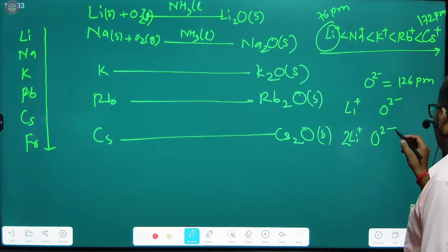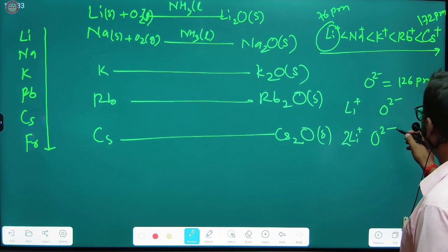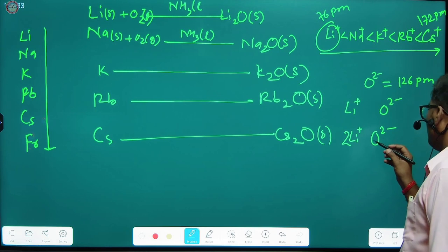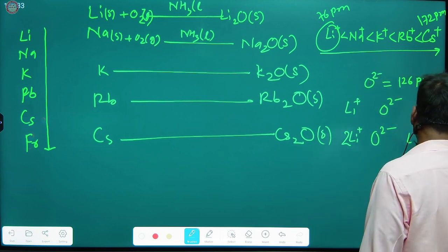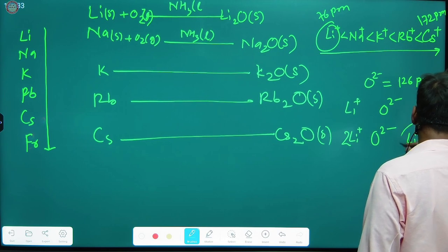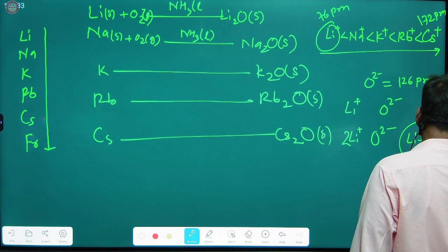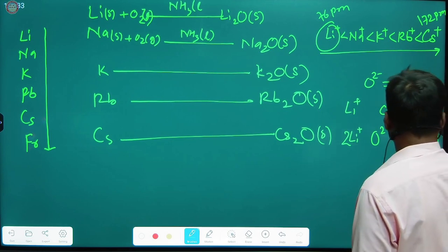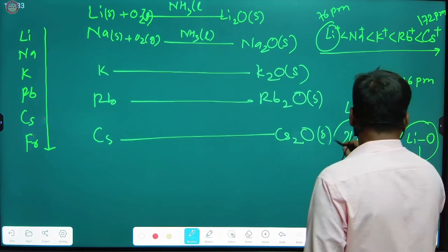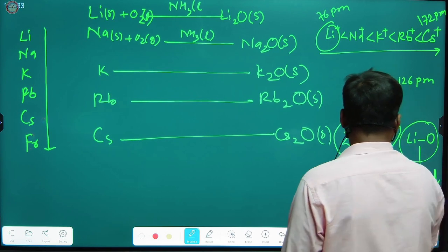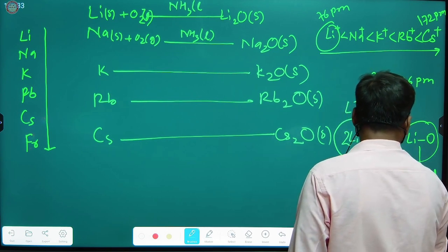Because oxide ion has high negative charge density, it can accommodate two lithium cations, resulting in formation of Li-O bonds, a metal-oxygen bond, and this actually forms Li2O.